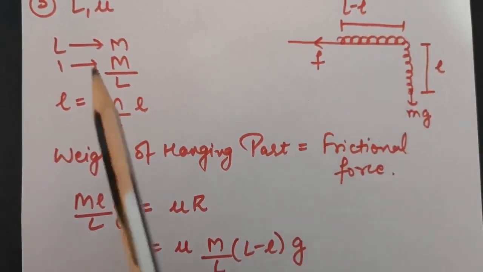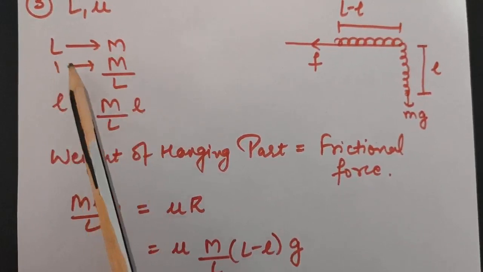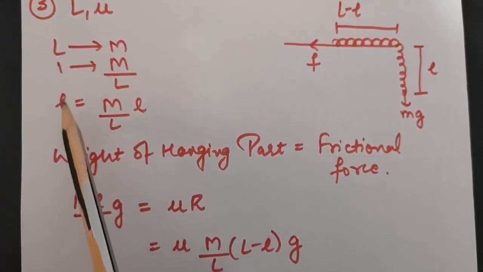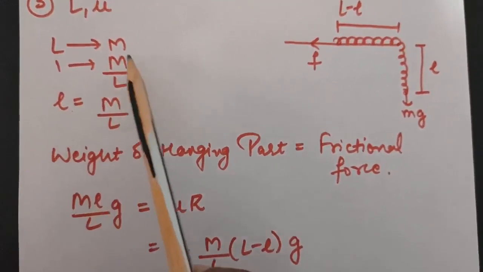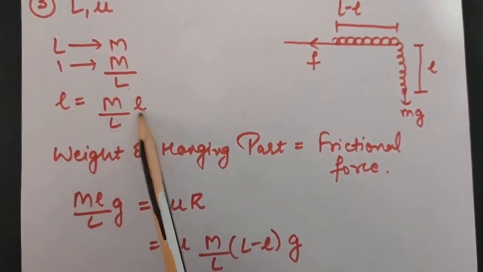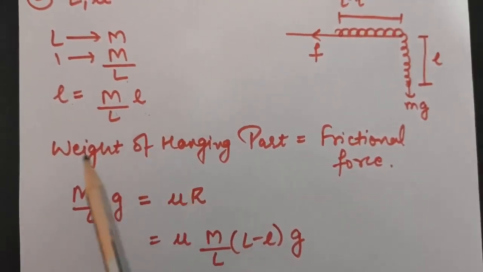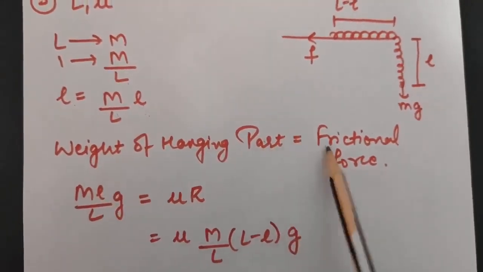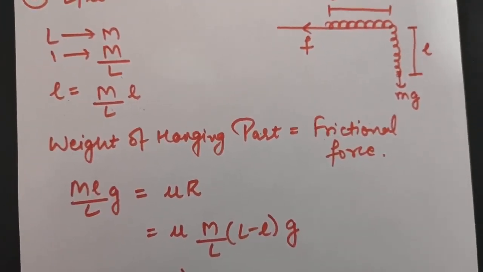Let us suppose the mass of length L is capital M. So by using unitary method, for length 1 it will be M by L, and for the mass of length small l it will be M by L into small l. So this is the mass of the hanging part. Now as I told you, weight of hanging part should be equal to frictional force for the chain to be in equilibrium. So let us put the values.